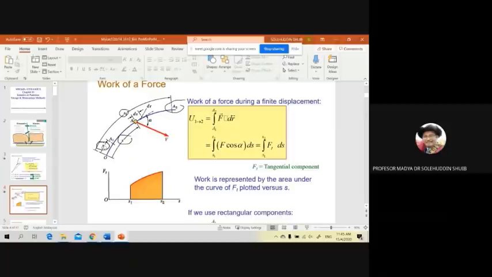And then this line, okay, this is dr, and this is ds. So what's the difference between dr and ds? What's the difference between dr and ds?